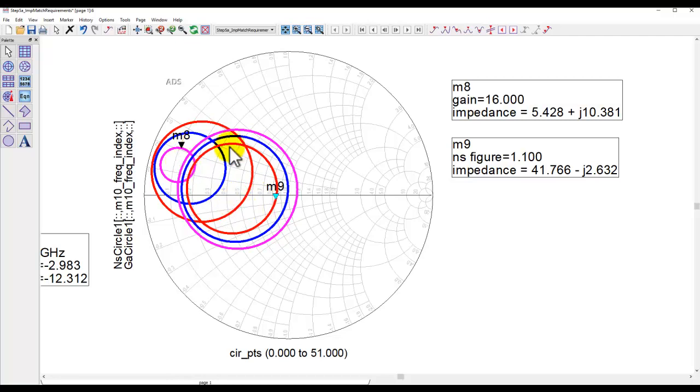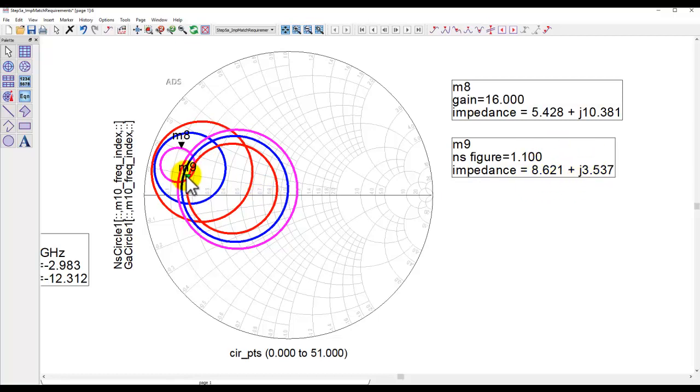Another way to look at it: I know I want about 16 dB gain, and I would like to achieve at least 1.1 dB noise figure, or maybe 1.2 dB, so that I have some margin. So you just look at these crossing points. At this point here, I'm crossing the 16 dB gain circle and the 1.1 dB noise figure circle, and that's the kind of impedance we are looking at, 8 plus J3.